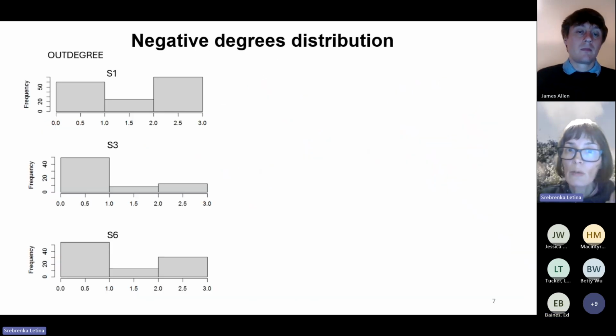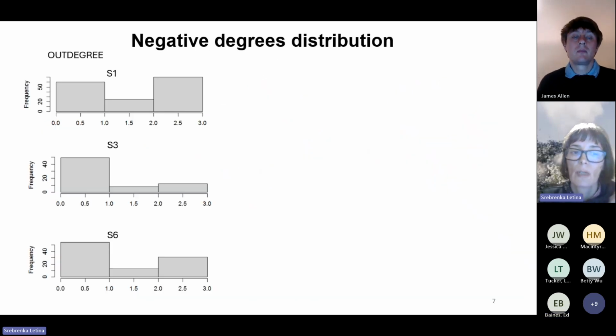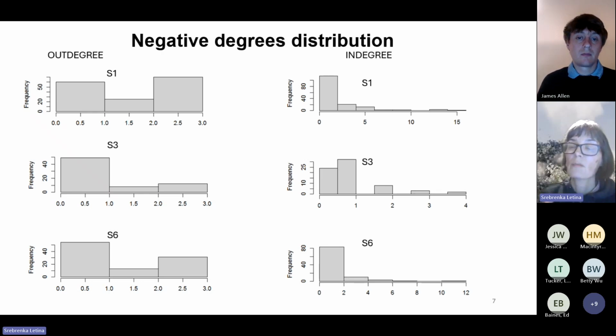But when we look at its distribution, you can again see, given that they could only nominate 3, that out degree varies from 1 to 3, and nothing especially interesting there. But again, as with positive ties, we can see that there are some individuals who are unpopular in the sense that they have been nominated by quite a few people as a person they don't get along with.